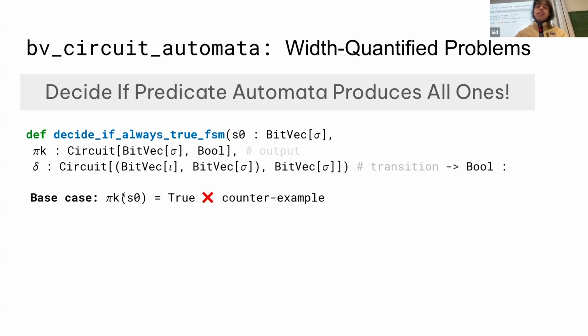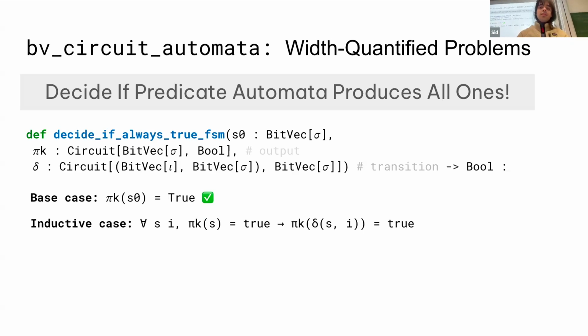So first I check on the base case: I check if on the initial state the circuit gives me false. If it gives me false, then it's a counterexample. If it gives me true, then I'm okay. I now proceed to check the inductive hypothesis. So I check whether for all states and inputs, if this is true, then the projection applied to the transition is true.